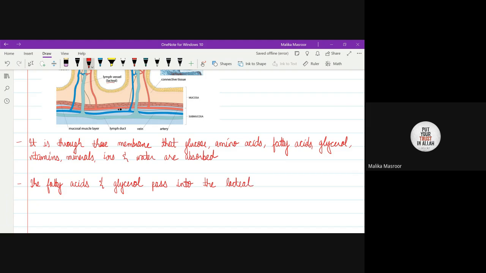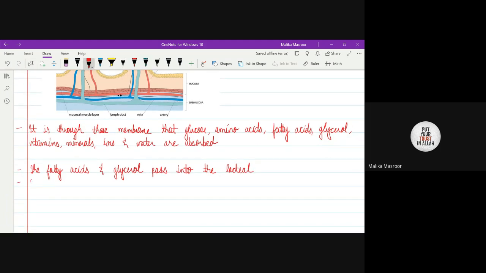The contents of the lacteal are eventually emptied into the blood. And you're going to look into detail of this in your next chapter, transport in animals.